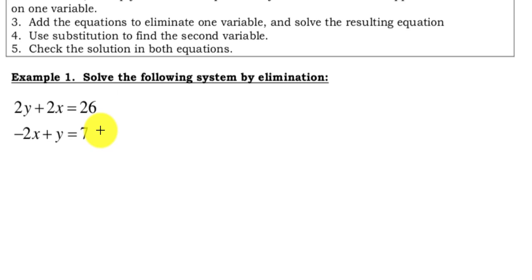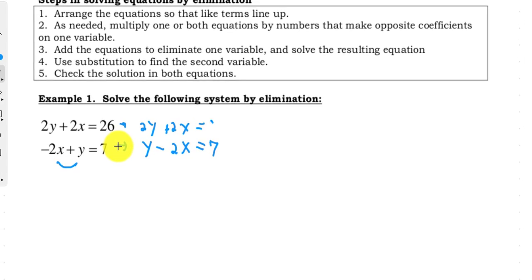I'm going to rewrite this as y minus 2x equals 7. All I did was I switched the order here. And now you'll see on my first equation, my like terms are lined up. Equals 26, right? Step 1 is done.